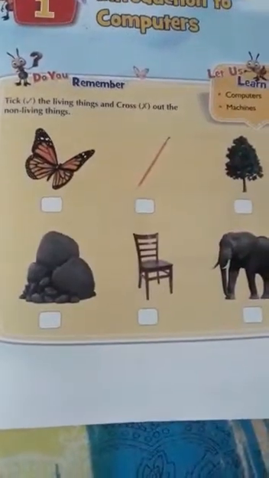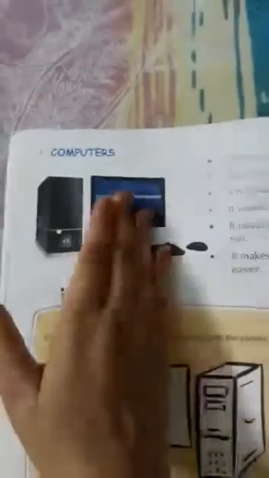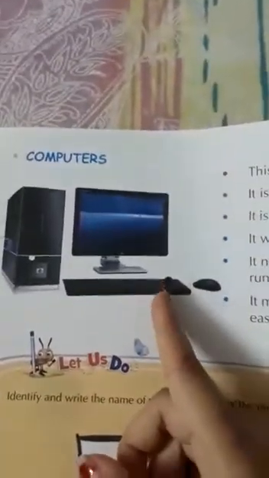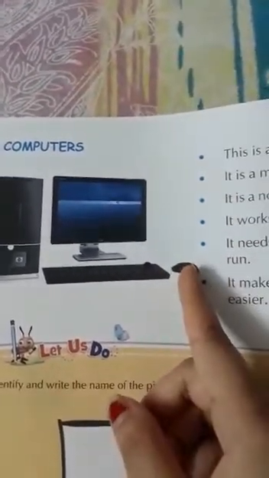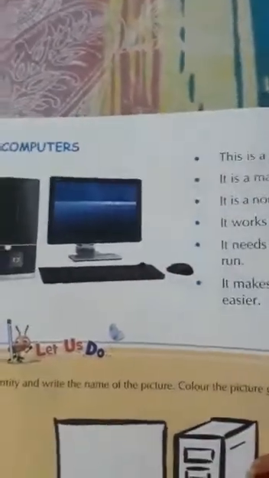Now next we are going to turn our page. We can see a picture of a computer. There is also a keyboard picture, a mouse picture and a CPU. So let's read about the computer.